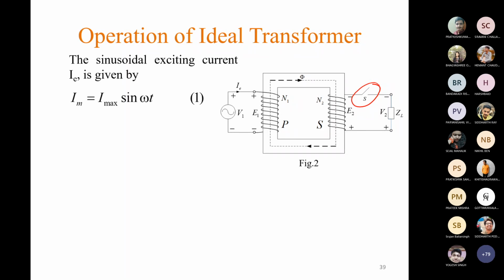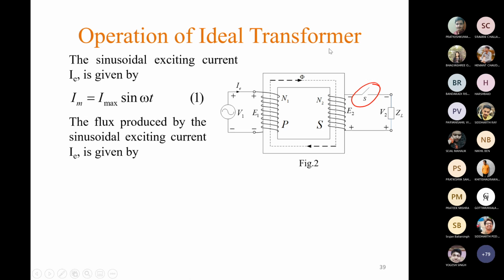Though we are considering exciting current, as we are considering an ideal transformer there will be no core loss component of this exciting current. It will have only the magnetizing component. That is why we write IE as Im, the only magnetizing component in this case.